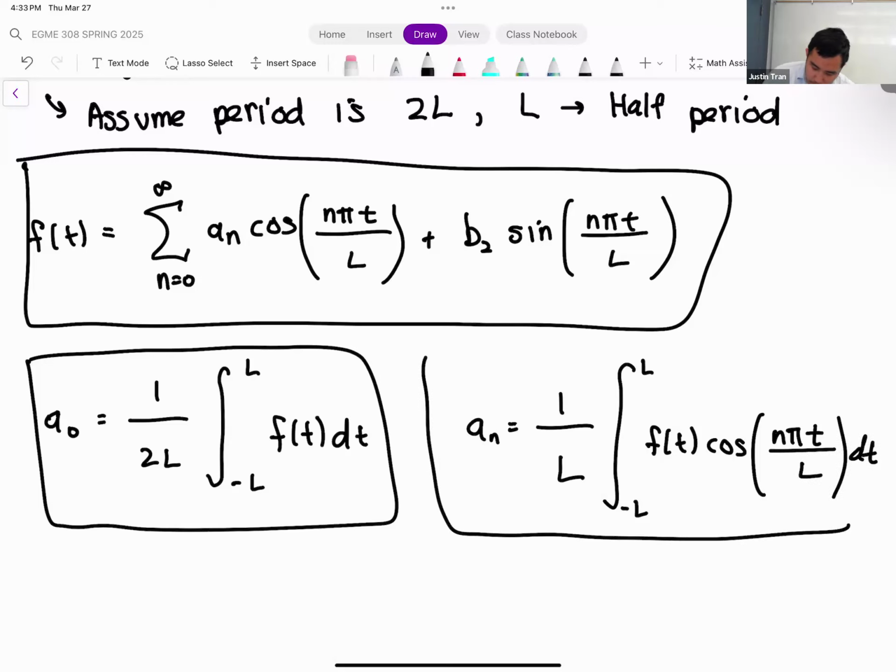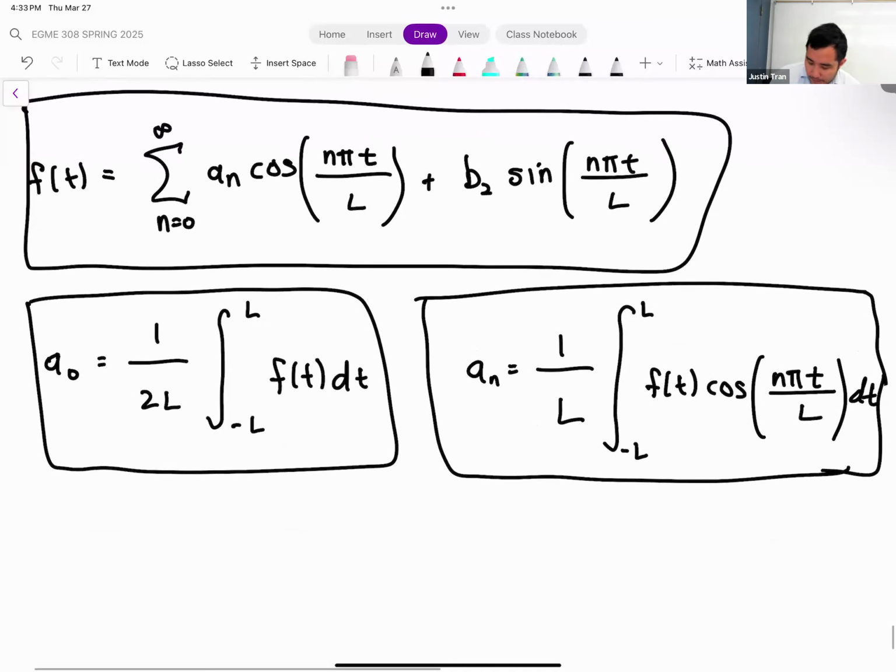Okay. So you can see here all the sines and cosines are adjusted to account for that change in period. Instead of just taking cosine of nt, we have cosine of nπt over L. And then finally, we have the bn's as well. Oops. This is a typo up here. In this expansion up here it should be bn, not b2. So I made this correction here.